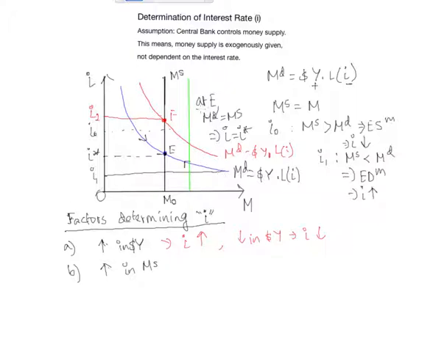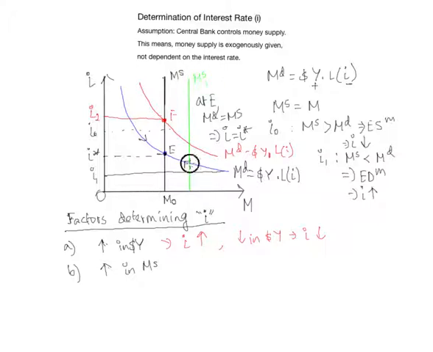Here we are ignoring the red money demand curve because this was factor A. Now we are focusing on factor B. So our money demand curve is the blue curve, and our new money supply curve after the increase in money supply is this green line. Let's call this green line MS1.